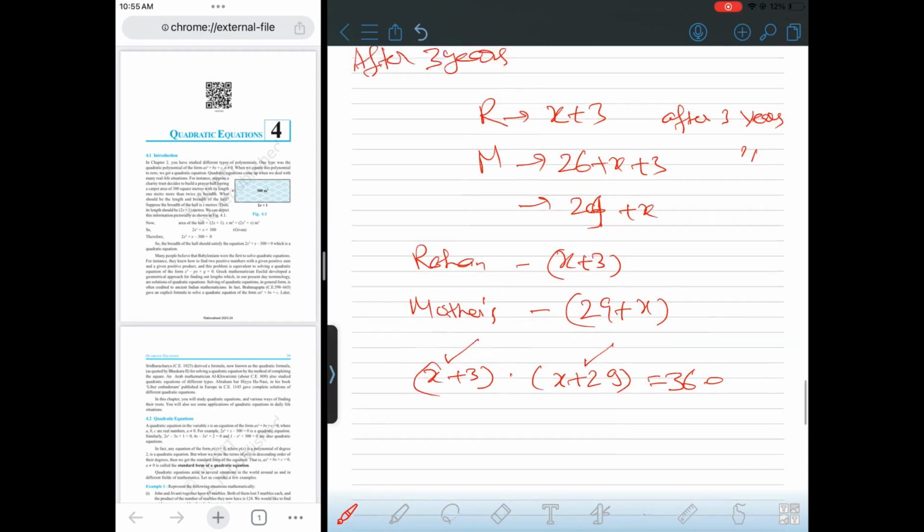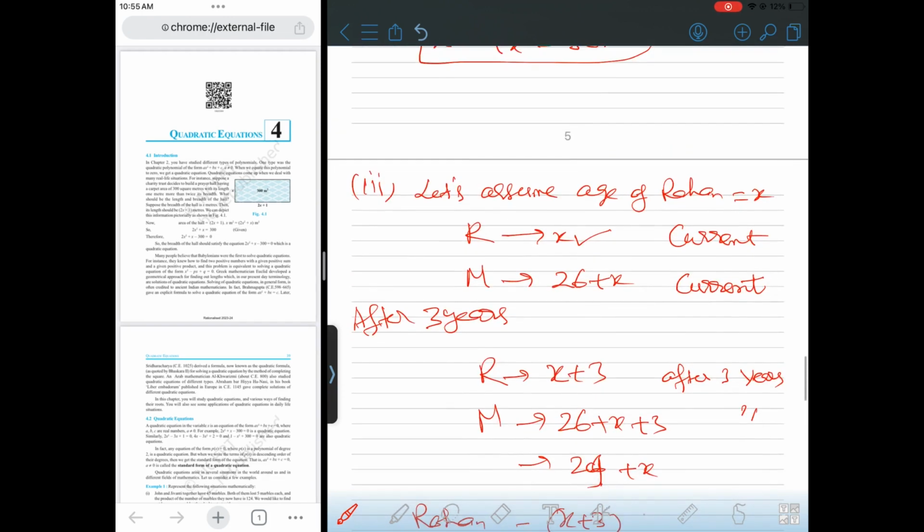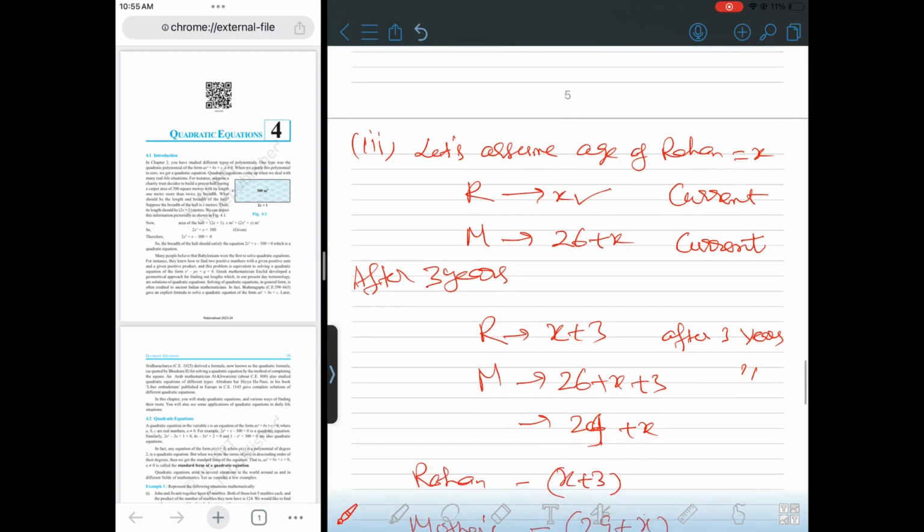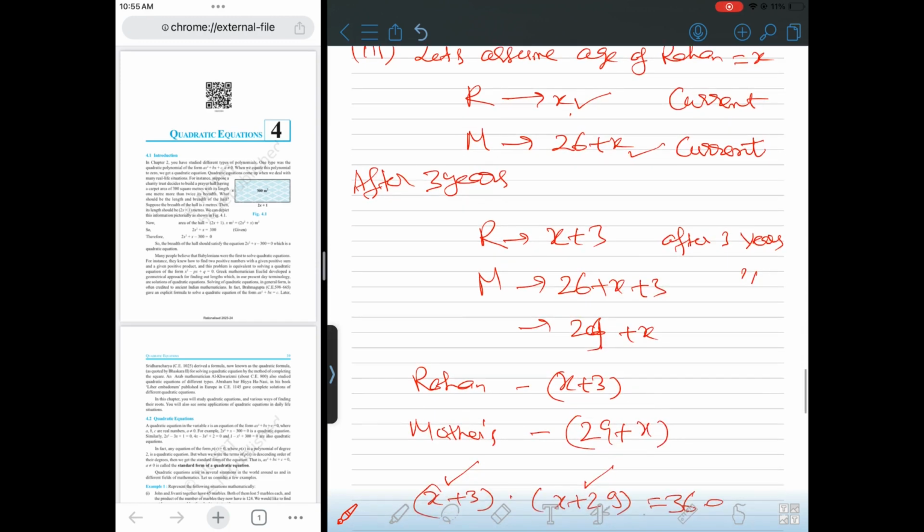In all the age questions, don't be confused, don't be frightened. Just start from the current. Current age of Rohan is X, and his mother is 26 years older than him, so the current age of mother will be 26 plus X. And now the question says after 3 years, what will happen?